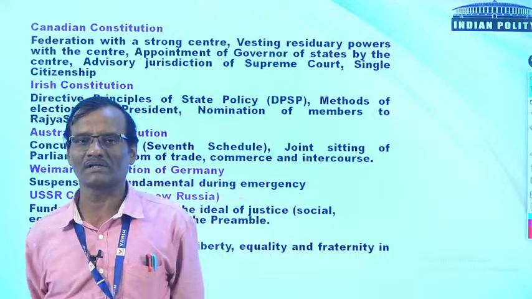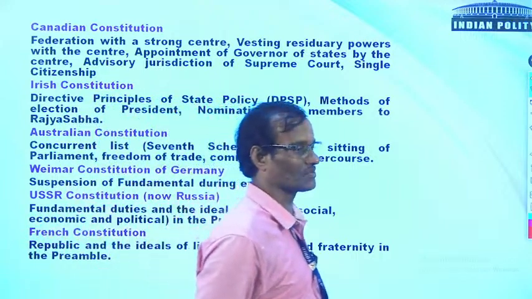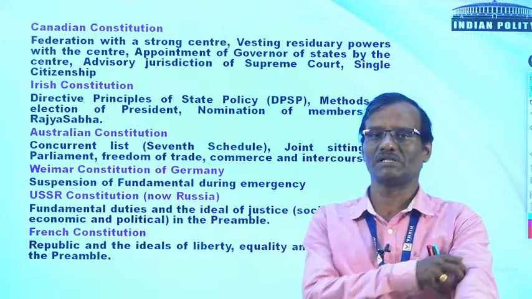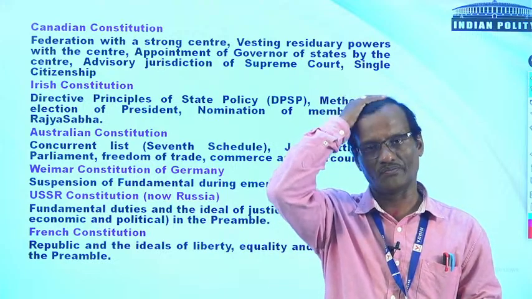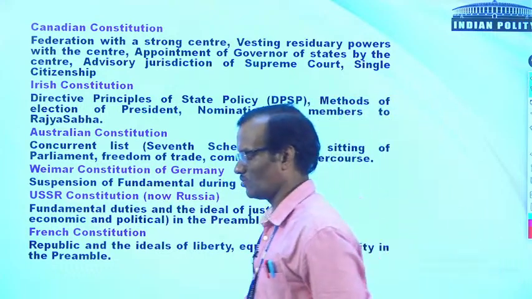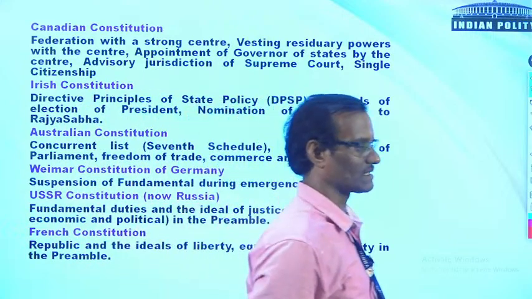And the third factor is that the center can legislate on the state list in certain circumstances, like during the operation of national emergency, or when Rajya Sabha passes a resolution to make legislation on the state list, or if two or more states make a request, then Parliament can legislate on the state list.